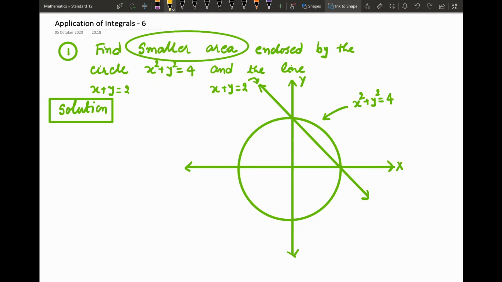This is the smaller area. We have to get the area of this portion.